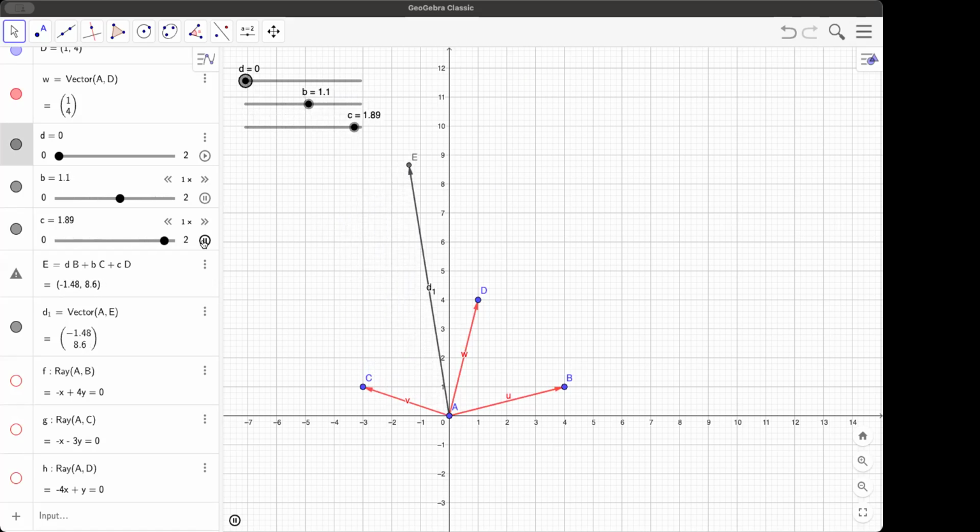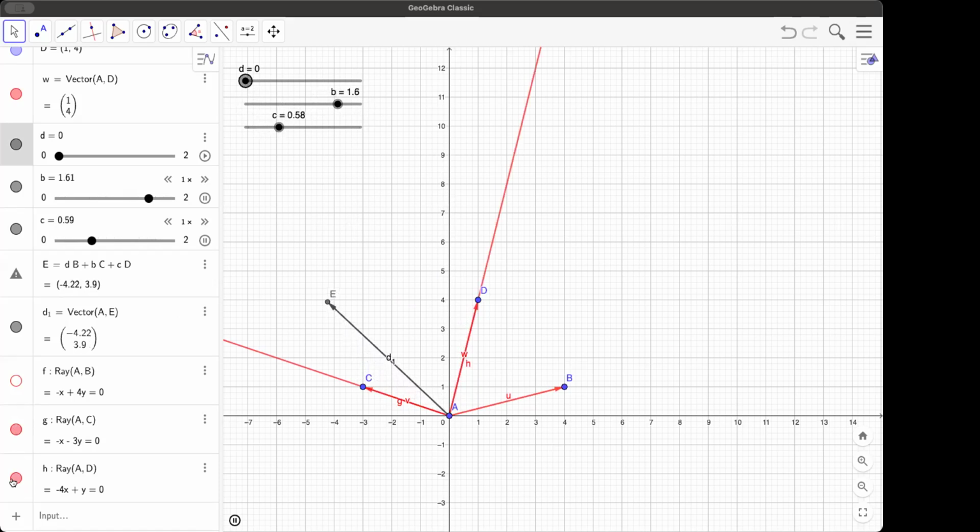Imagine what gets swept out by changing the parameters, the weights. You also get a cone, but it's a different one, determined by this ray and this other ray. So by taking linear combinations of these two vectors with non-negative coefficients, you get a different cone.